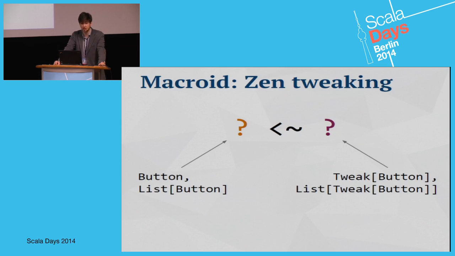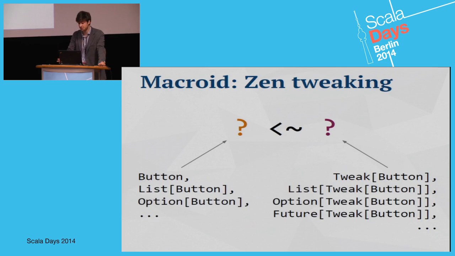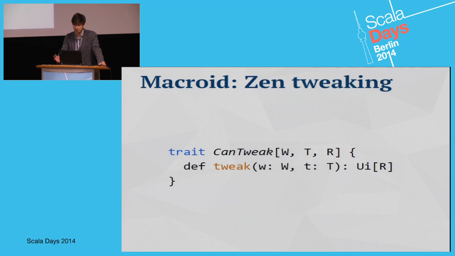Or we could apply a list of tweaks to a widget, or a list of tweaks to a list of widgets. And it doesn't stop there, because we can actually use options and futures and any kind of constructs. So the way it works, we have this type class, which is called canTweak. And we can say that this is tweakable with that for any sorts of this and that. And we get our end result.